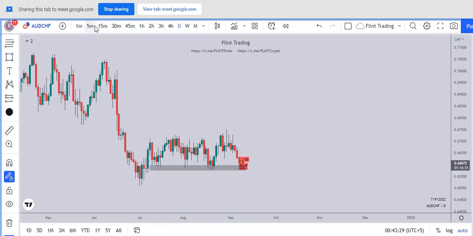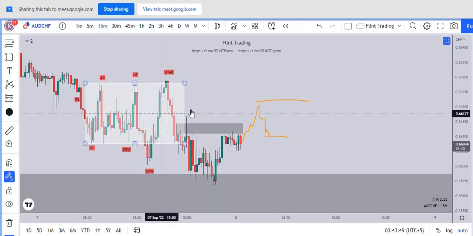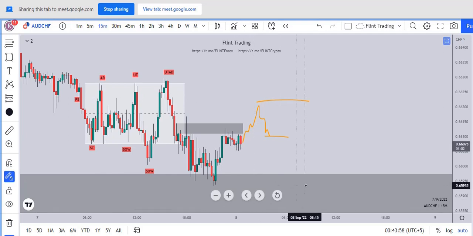According to the setup which I sent, if there is retail support and you are seeing a redistribution or distribution schematic, then you can capitalize on that target, just below this retail support. So if price goes up and goes back within the range, that would be my entry, placing my stop loss above and aiming for below the support.